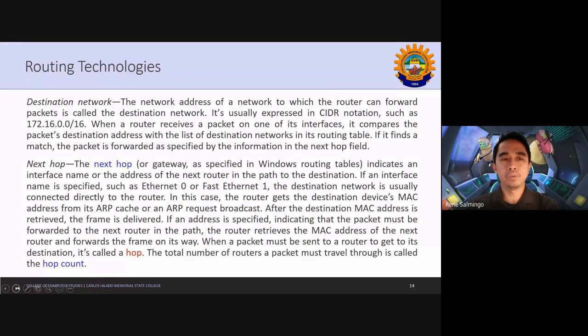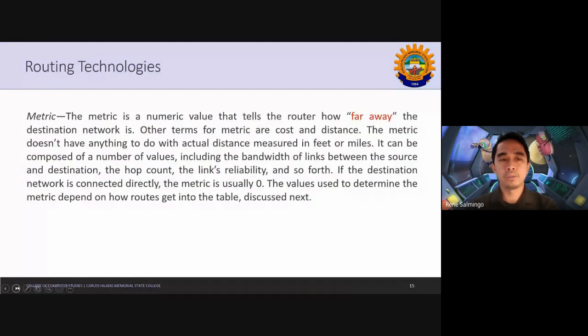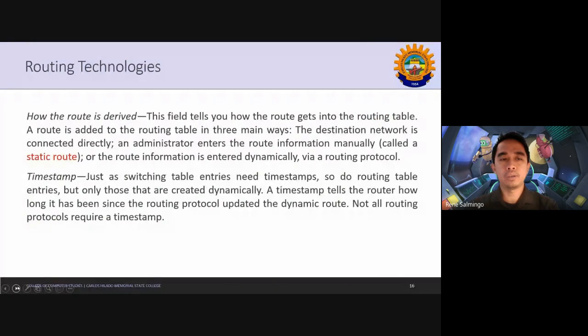The terms we use are destination network, next hop, and metric, and how the route was derived, and the timestamp. The timestamp tells the router how long it has been since the routing protocol updated the dynamic route. Not all routing protocols require a timestamp.